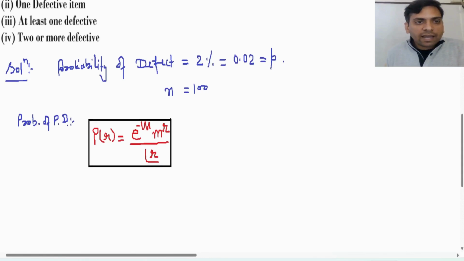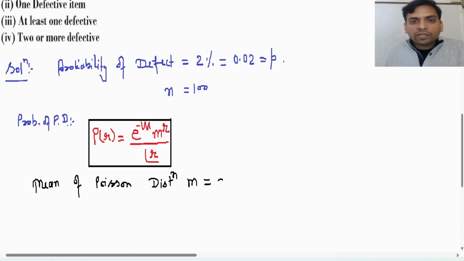So first we will write the mean of Poisson distribution. The mean of Poisson distribution is denoted by m. So m equals np. Clear? And n in this case is 100.